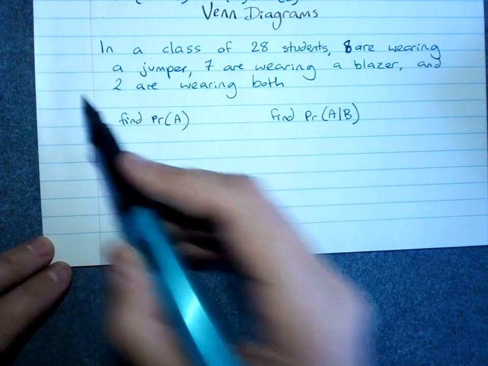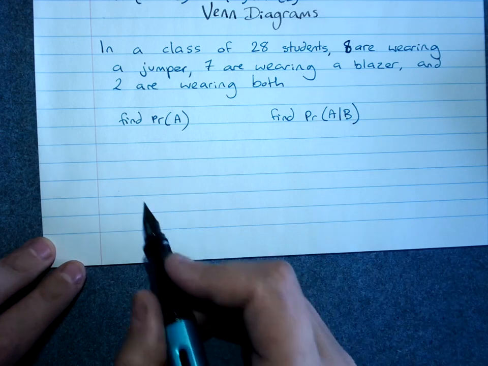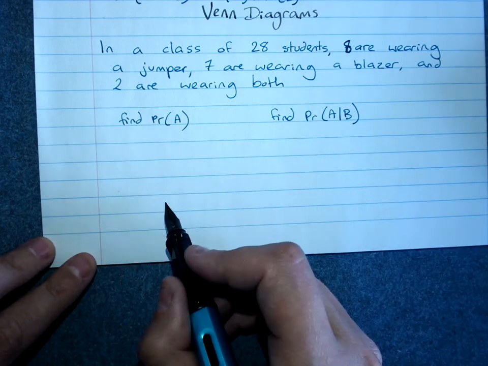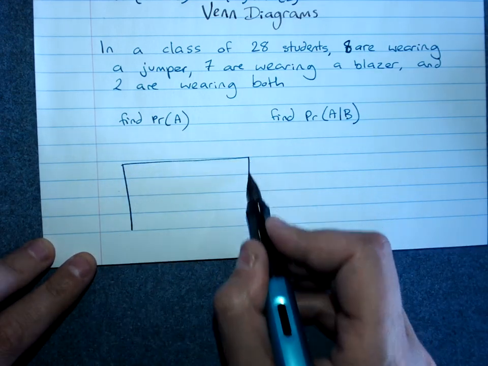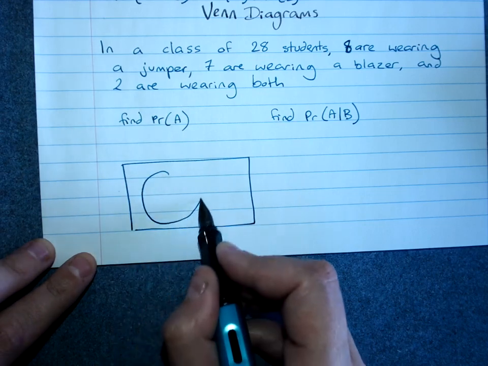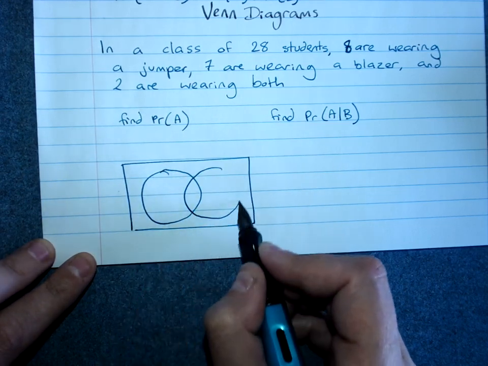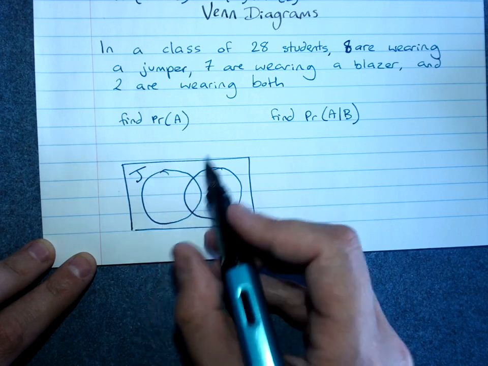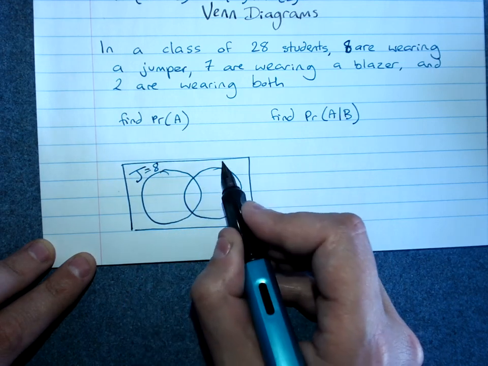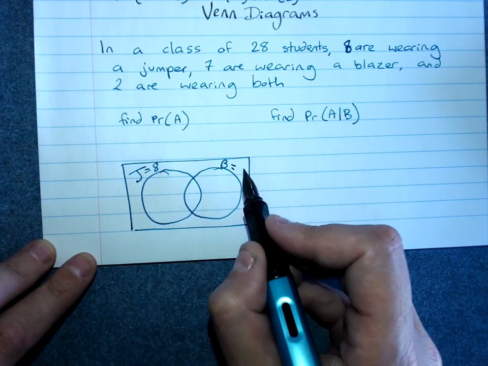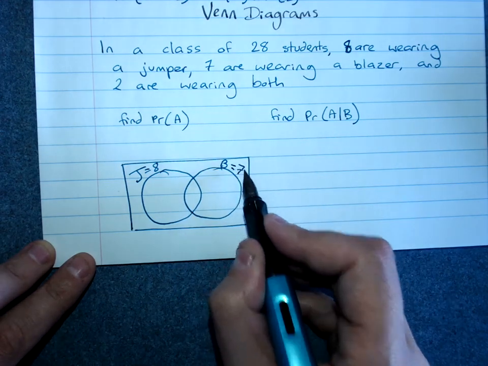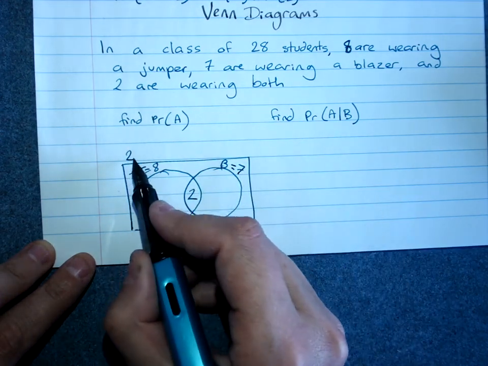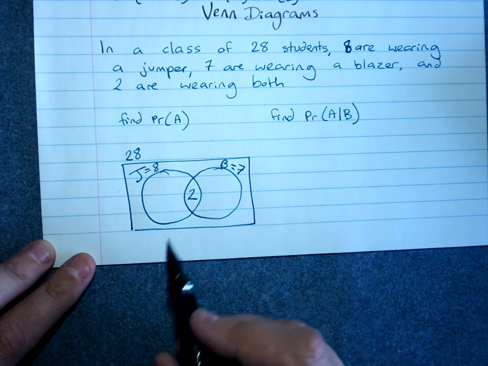So to solve these, we'll use a Venn diagram. I'll run out of space here, so let's put this down here. We have students who are wearing a jumper, and that's 8 of them. Students who are wearing a blazer, that's 7. 2 are wearing both, and I know I've got 28 people here.